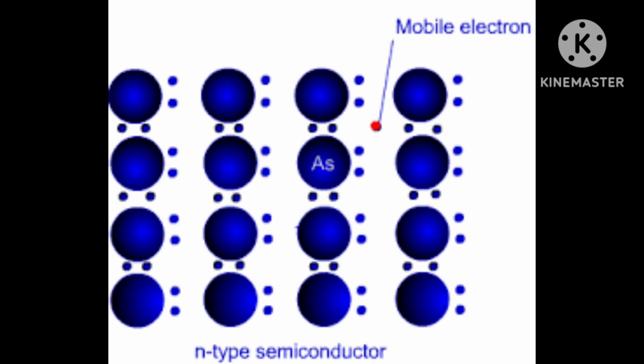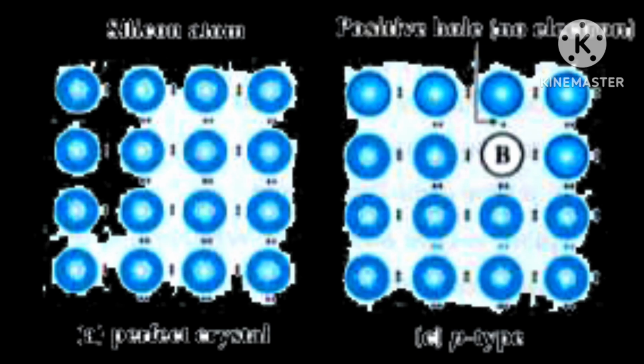Then what will happen? These 5 valence electrons are there. As I told you, phosphorus and arsenic have 5 valence electrons.